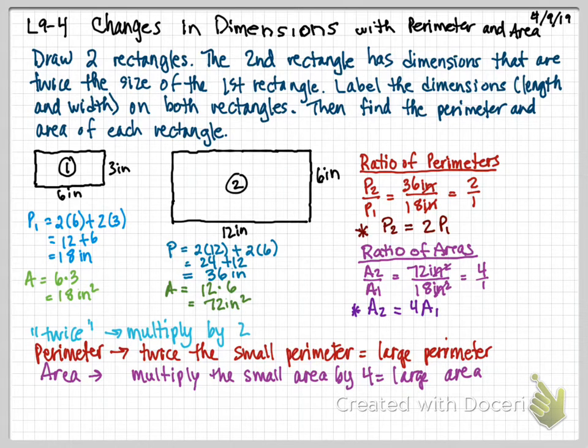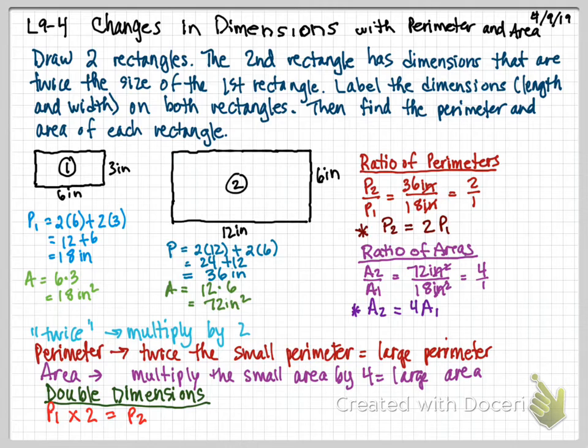Now, this is only true because we are doubling the dimensions. So again, in a pithy way, when we double dimensions, this is the impact that it has. We take our small perimeter, multiply it by 2, and we get our large perimeter.